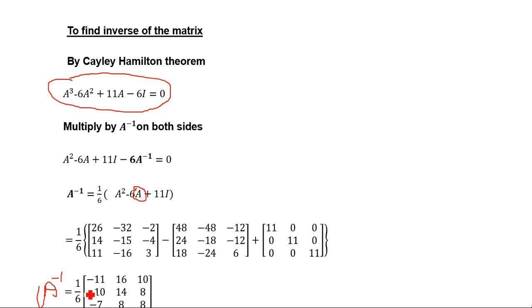A inverse is 1 by 6 minus 11, 16, 10, minus 10, 14, 8, minus 7, 8, plus 8. Okay, so for the problem, you have to find the characteristic equation, then verify the Cayley-Hamilton theorem, and also find the A inverse for the given matrix.